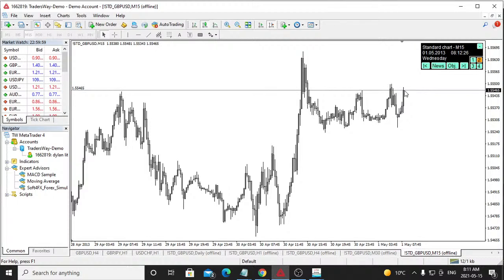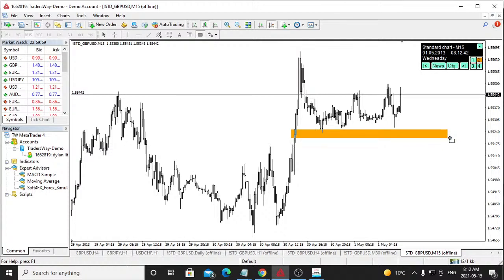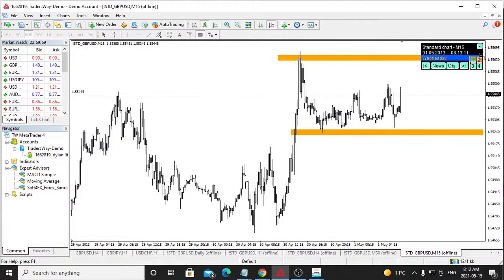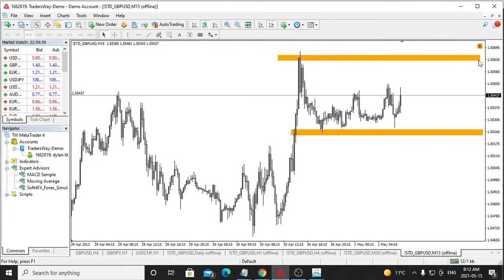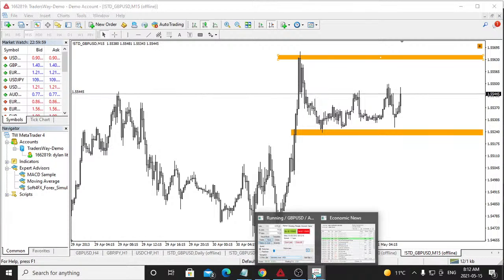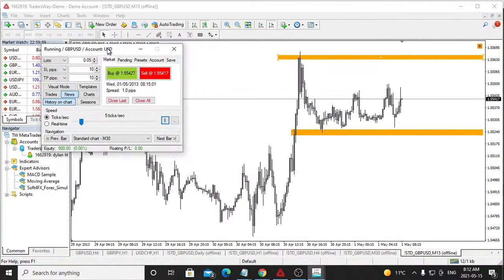As you can see, I'm going to wait for maybe this 15-minute candle to close and see if a buy position can be opened to get to the top here. Let's see what can happen. So this has to close, which it's saying it does in about 3 seconds, 2 seconds, 1 second.